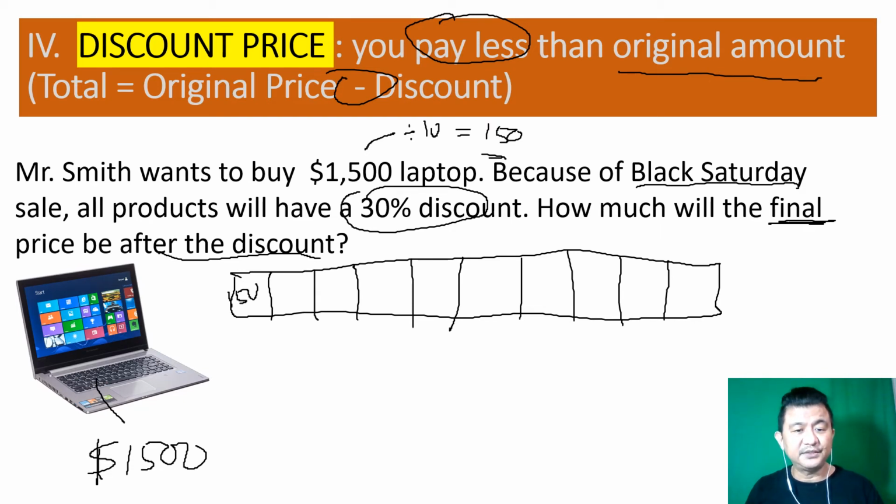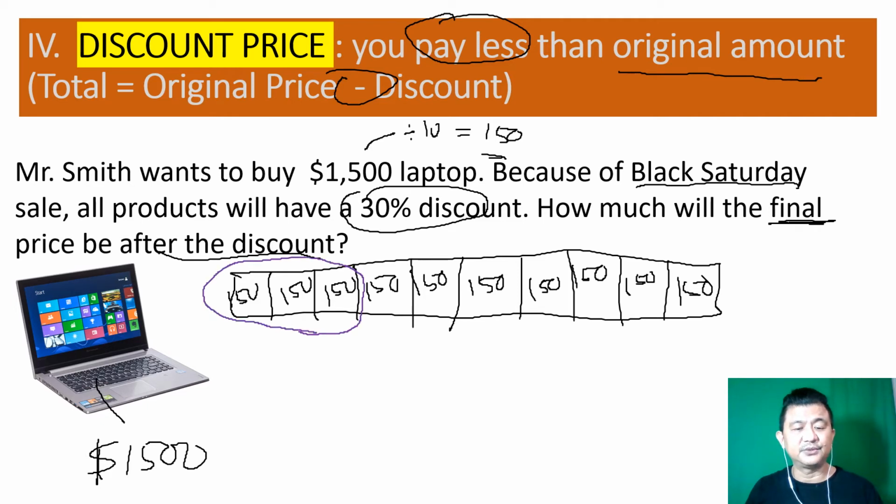Each of these parts is 150, and that's 10%. If I know 10%, I know everything, right? 10% helps me compute for the others. But I need 30%, so 3 parts of that. 150 times 3 is 450.